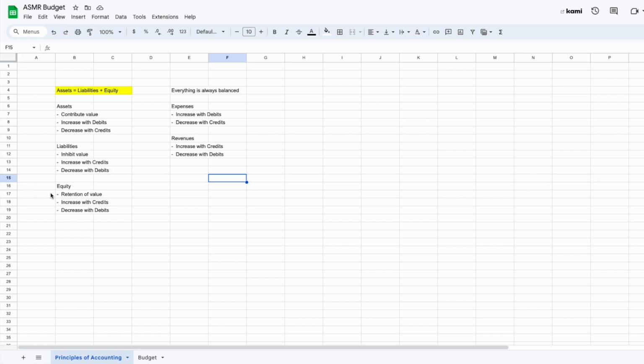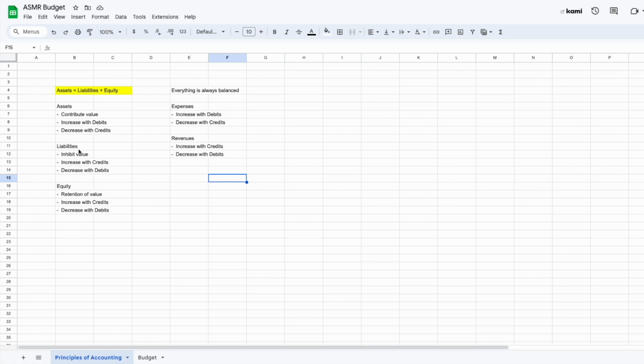Conversely, you own more and more of your house as you owe less money to the bank. So your liability, which is your mortgage, decreases and your equity increases.